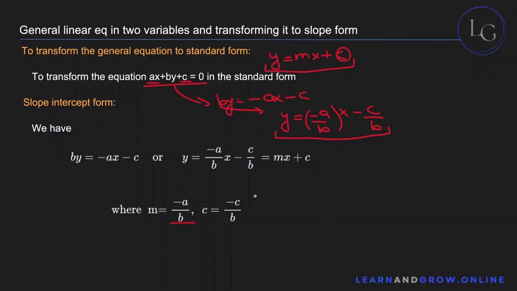So you can write c down as minus c over b. Because, let me just explain it further. Plus minus c over b, right? And so now you have this general equation in the form of y is equal to mx plus c, where m is minus a over b and c is minus c over b.